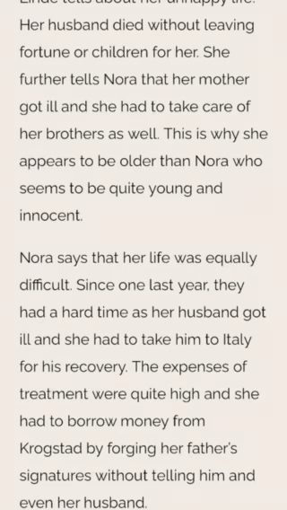So she borrowed some money, she took a debt from Krogstad, but she made a blunder because she forged the signatures of her father, and this forgery makes her a little uncomfortable when Krogstad arrives to meet Helmer in his room.